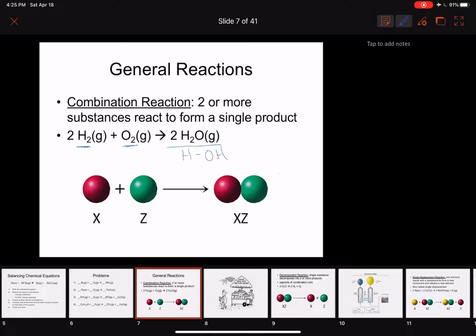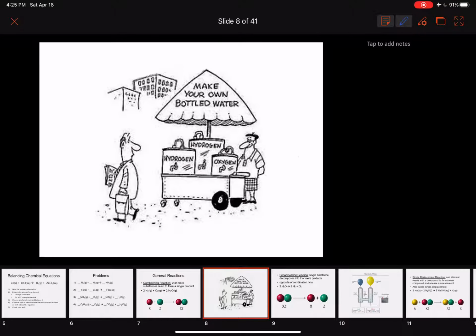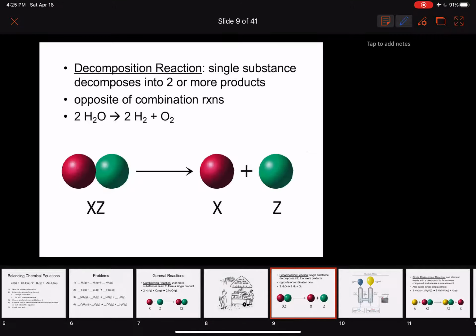So just note that you can do that. Here's a funny little comic here saying make your own bottled water, get a couple of hydrogens and an oxygen, combine them together. And then the next reaction is called a decomposition reaction.